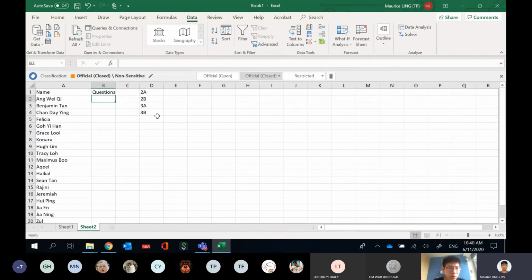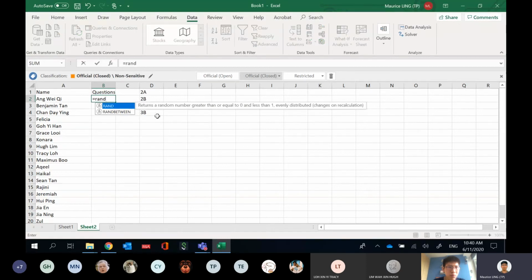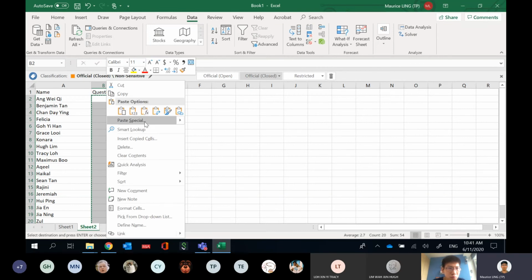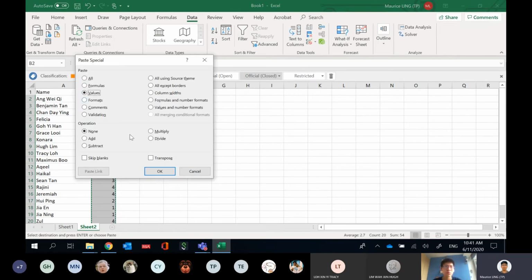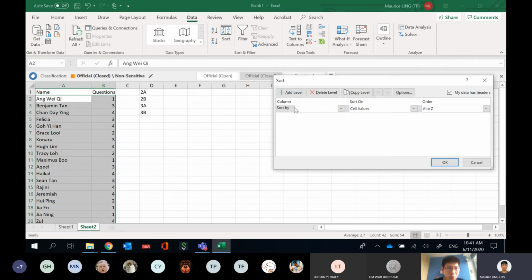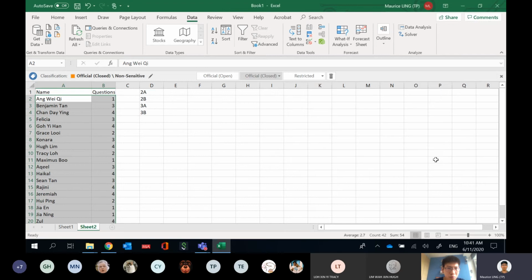So let's just do a random between top and bottom. So pray for your luck. Okay. So this will be your options. Let me just sort this out, questions, smallest to largest.